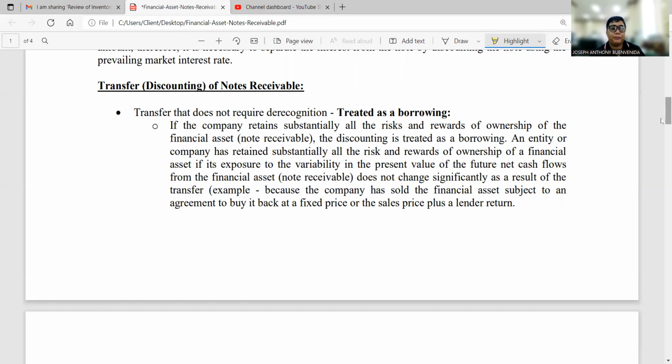The company retains substantially all the risks and rewards of ownership, so the discounting is treated as borrowing, and no derecognition is needed.